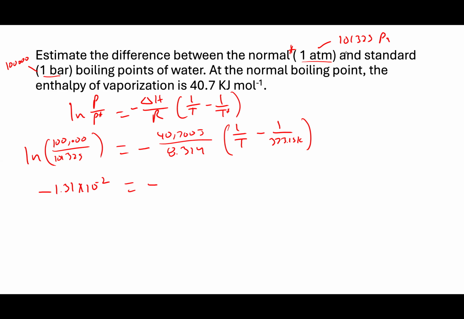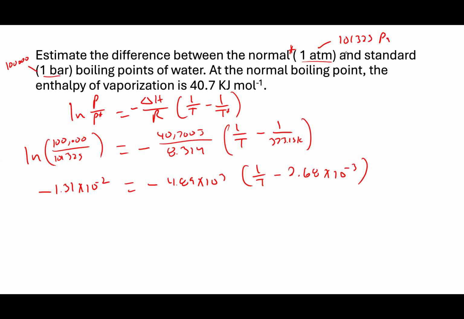If we do 40,700 divided by 8.314, we will get 4.89 times 10 to the third. We're going to keep all this in here. 1 over 373.15 is 2.68 times 10 to the negative third. We'll simplify that one a little bit.